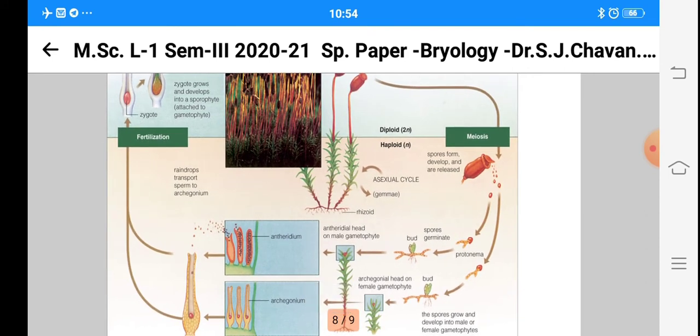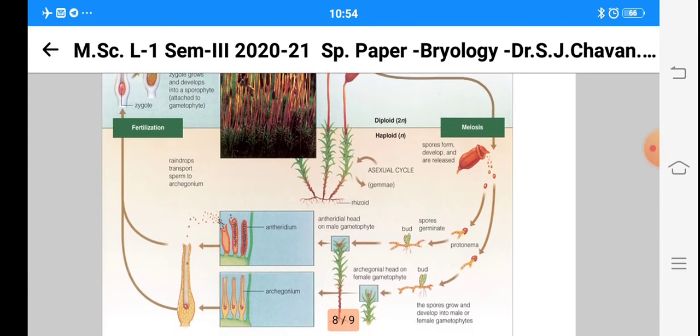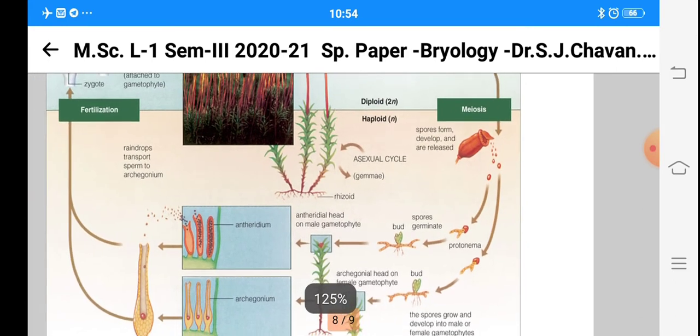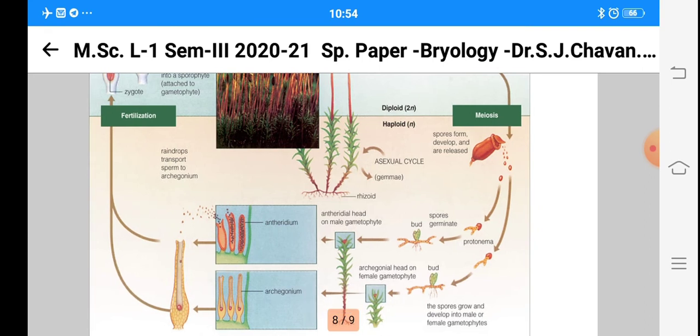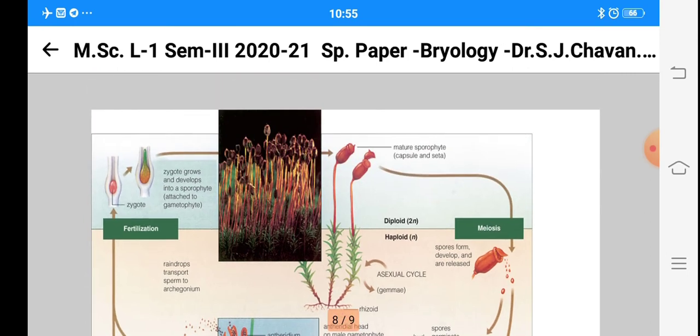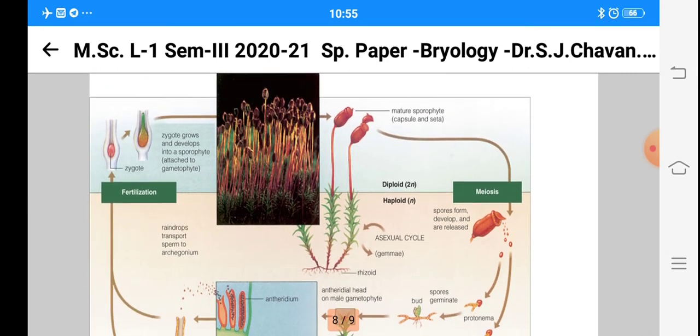They show vegetative reproduction by means of gemmae. Secondly, after spore germination, they develop into the male gametophyte or female gametophyte separately, and there is the development of sperm. Then the fusion occurs, that is fertilization. The zygote develops into the embryo, and again the spores germinate from the sporogonia.